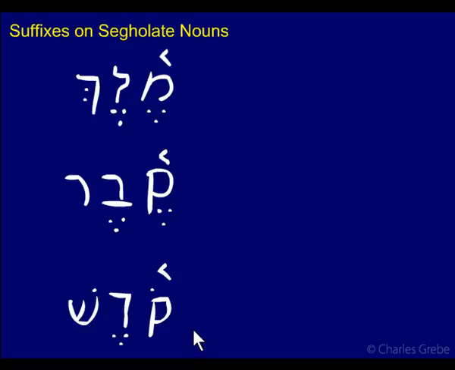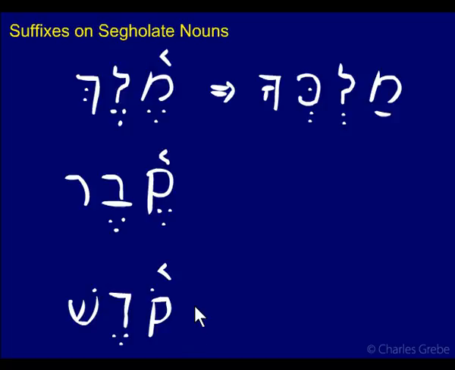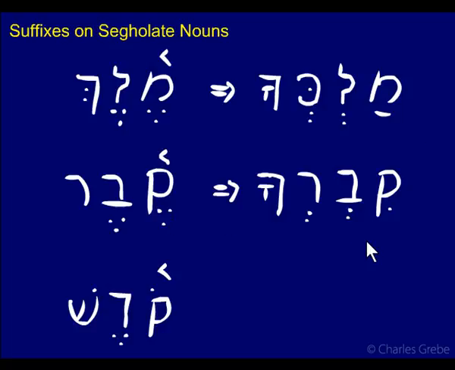When you add a suffix to these, this is what happens. The first one, melech, goes to malkecha. Segol goes to patach.